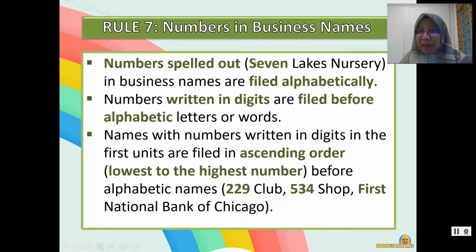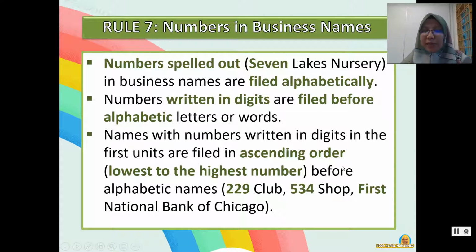It's already spelled out because it starts with the word S. You need to arrange this one as alphabetic because it starts with S. But when you have a number written in digits, you need to file the numbers written in digits first, before the alphabetic letters or words. Names with numbers written in digits in the first unit are filed in ascending order. Ascending order means from the lowest number to the highest number.